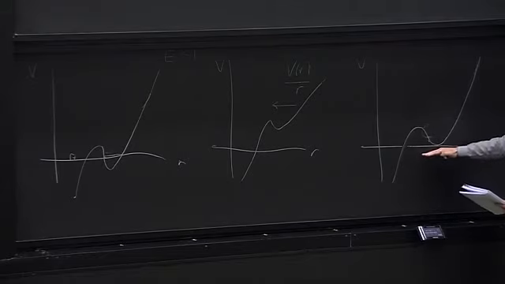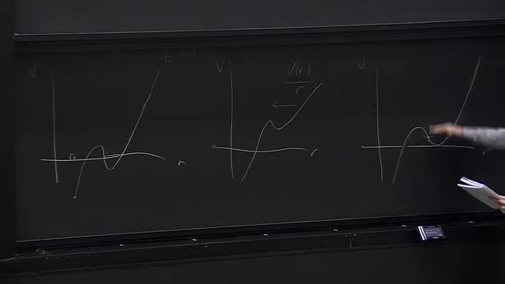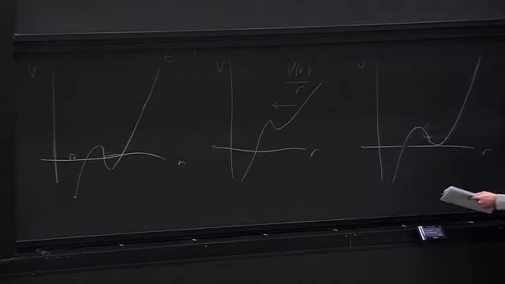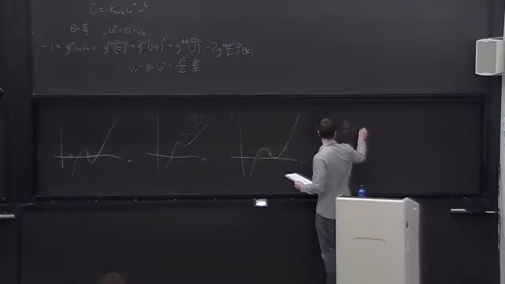So if we moved it down more, then we get the 3 roots. If we move it up a little more, then we get no roots. And so basically, this condition here is that there's some point where the potential is 0 and the derivative of the potential is 0.